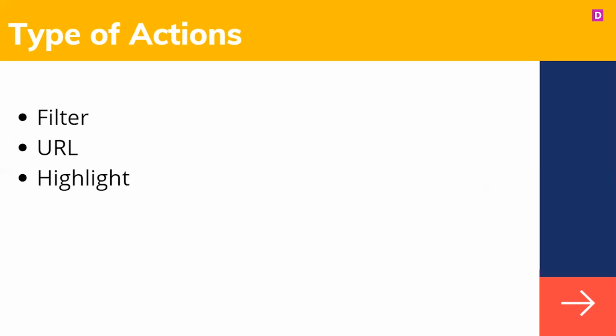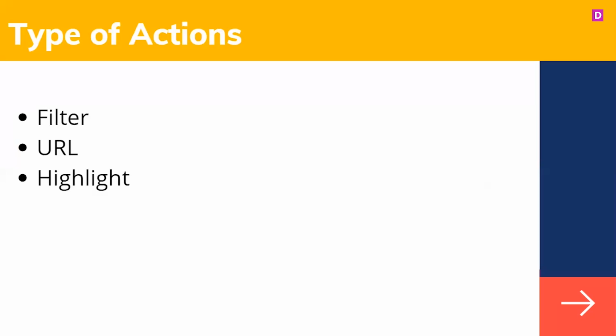Now, the types of actions in Tableau can be categorized into three. In terms of filter, you can perform an action. In terms of URL, you can perform an action, though you can find this URL option only in the previous versions. In 2020, the recent Tableau version that I'm going to show you, you do not have an option for URL. And you have highlight.